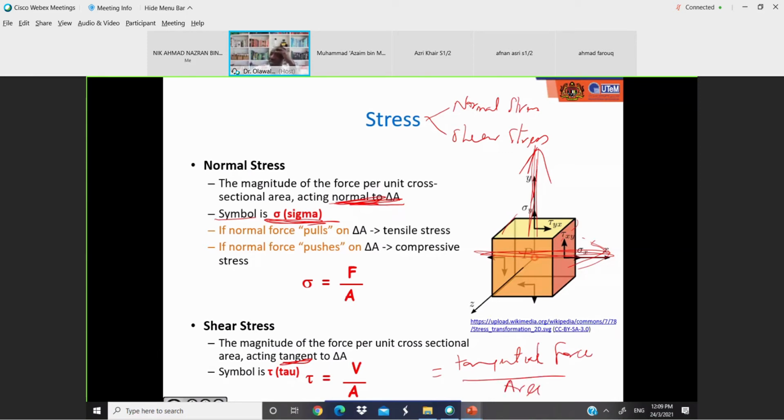This is normal, this is tangent, acting tangent to the area. So here, for your shear stress, we are using tau, and for your shear force, we are using V. That's just a symbol we'll be using for consistency. For your normal force, we'll be using F. Sometimes we use P over A, but this is still saying normal force, depending on what we define.